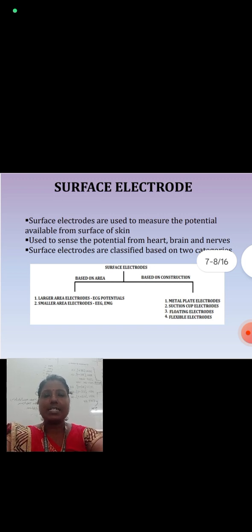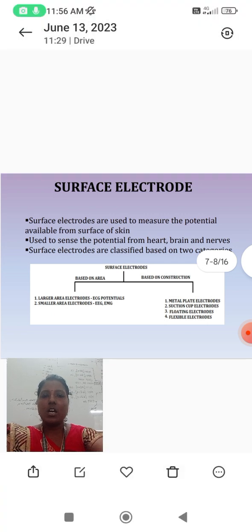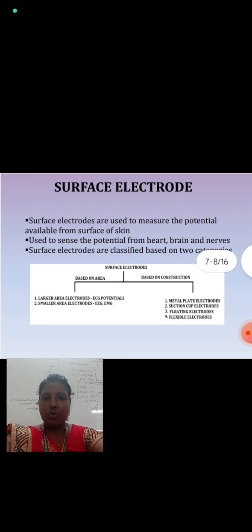Then, based on construction, surface electrodes are divided into four: metal plate electrodes, suction cup electrode, floating electrode and flexible electrodes. Now we are going to study all these four surface electrodes in detail.